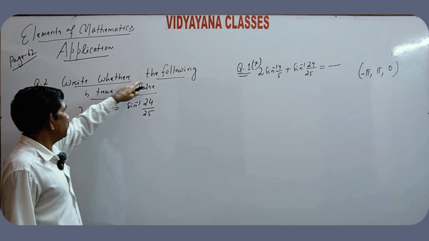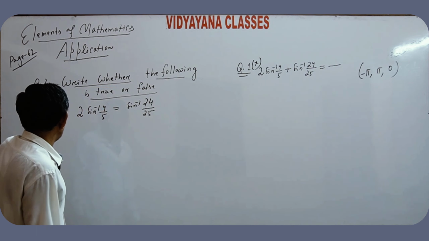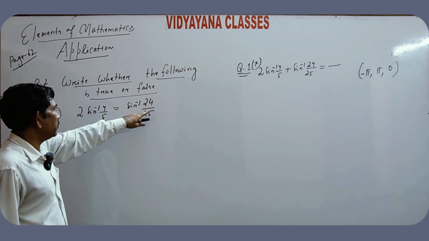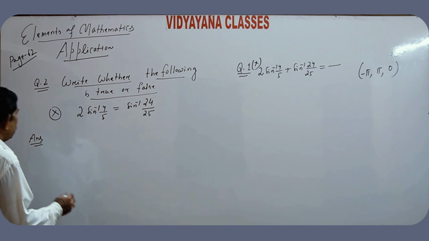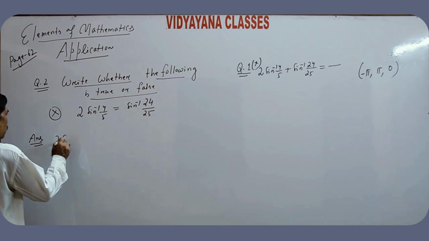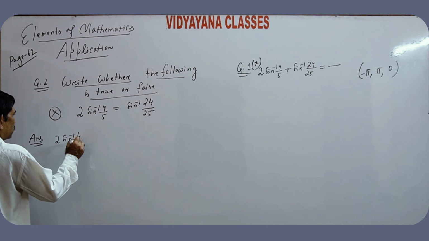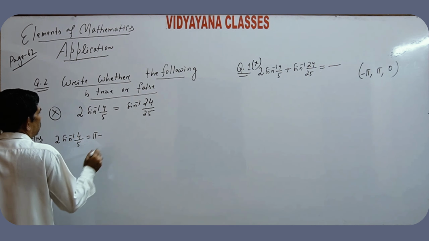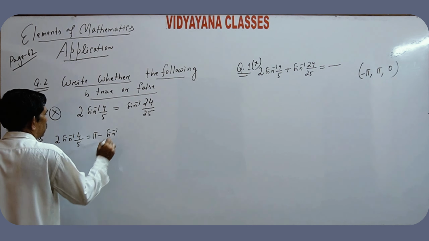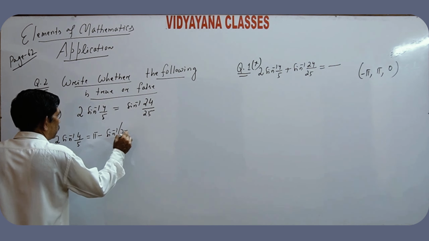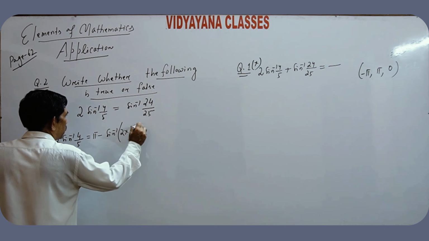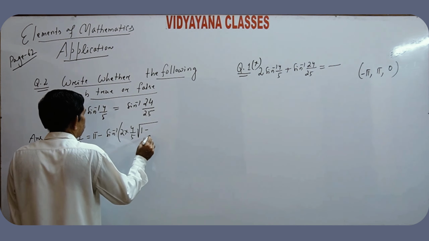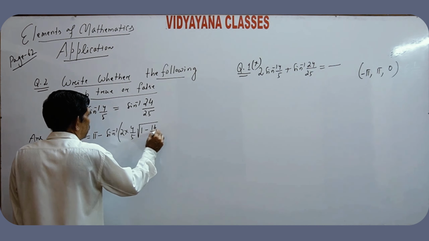Write whether the following is true or false. 2 sin inverse 4 by 5 is equal to sin inverse 24 divided by 25. 2 sin inverse 4 by 5 is equal to pi minus sin inverse of 2 into 4 by 5 into square root of 1 minus 16 divided by 25.